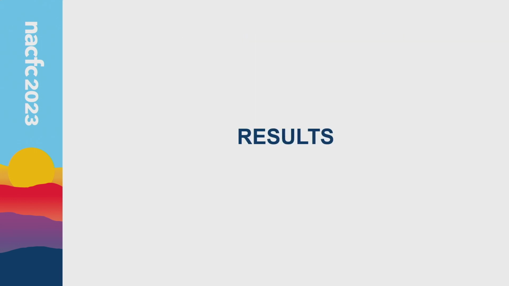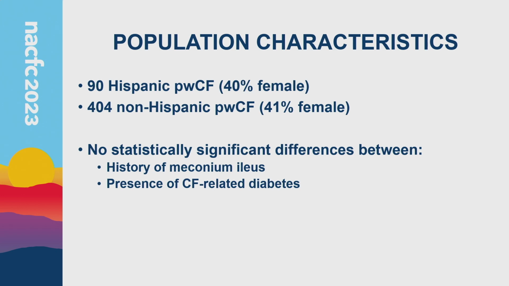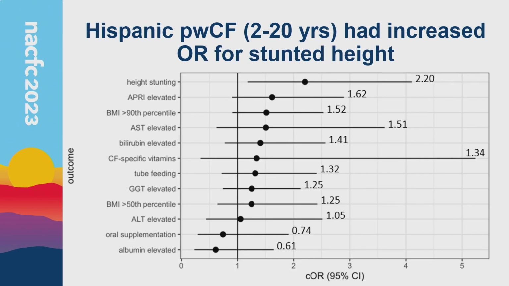Now for the results. So there were 90 Hispanic and 404 non-Hispanic people with CF who met our inclusion criteria. There was no statistically significant difference between meconium ileus or CF-related diabetes among the two groups. I want to walk through this graph first because there are going to be a few more.